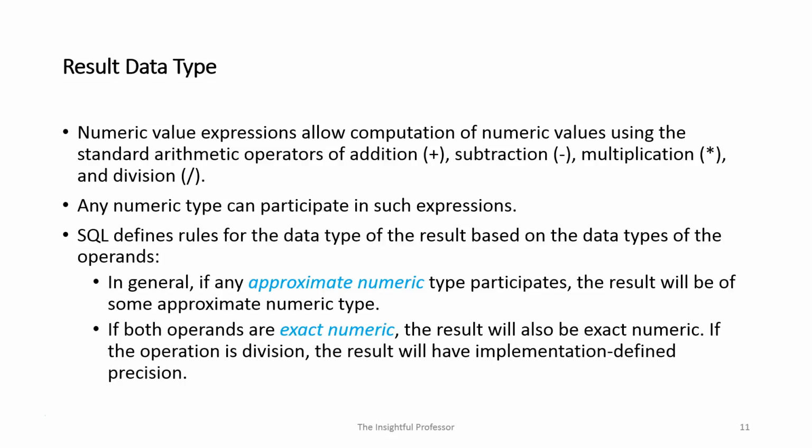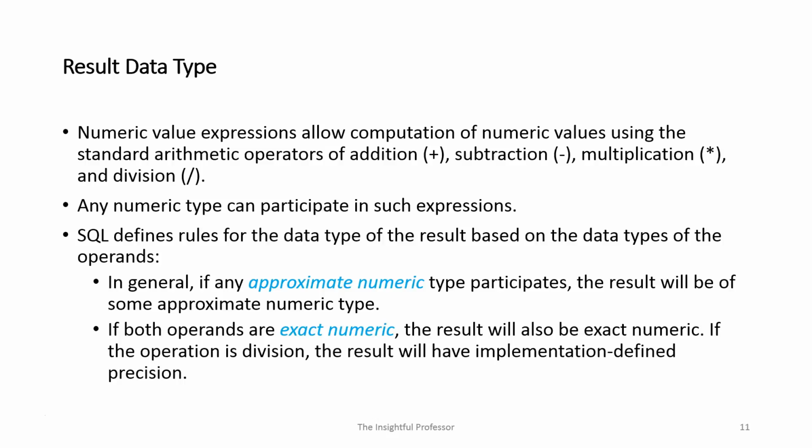What do we mean by approximate numeric type? Take the value of 10 and divide it by 3. What is the answer? Well, if you gave me a complete answer, you would say 3.333, and you would never stop, right? Because no matter how many 3's you put after the decimal point, you never quite get the right answer. So at some point, for representation purposes, computers choose to approximate such numbers. So 10 divided by 3 cannot be precisely represented within the computer.